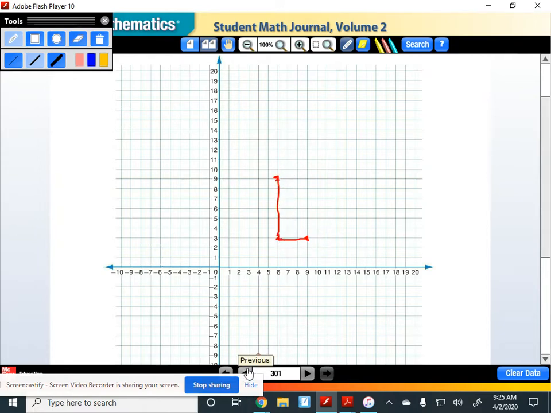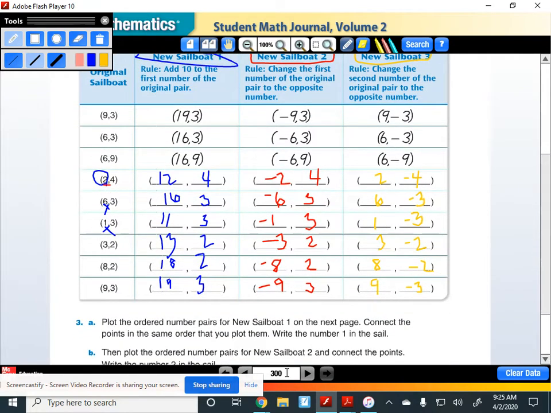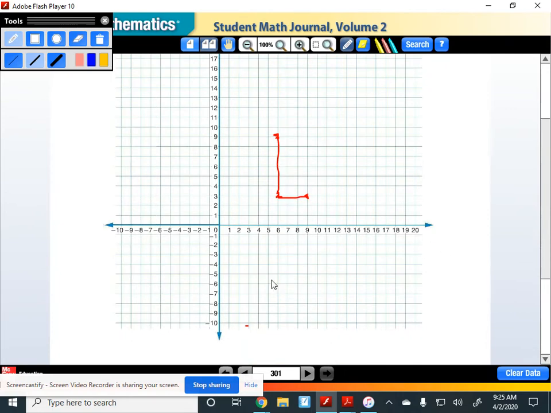Okay. Now Mr. Doss has to flip back. 6, 9, 2, 4, 6, 3. So 2 comma 4. 2 is first. Up to 4. And then we're back here. So we're going to connect.